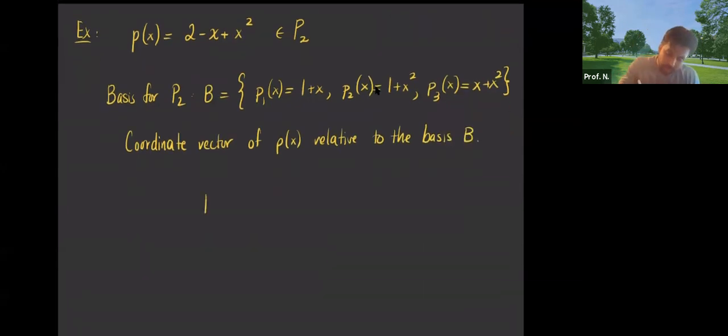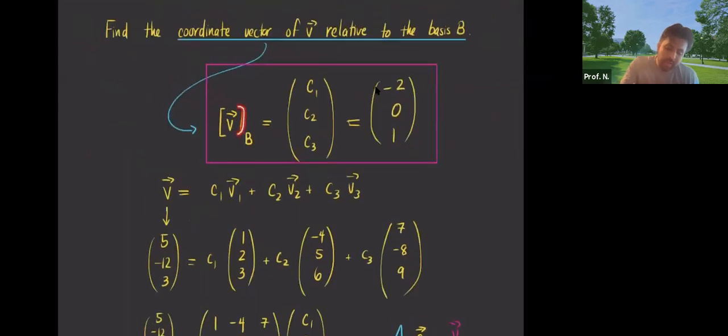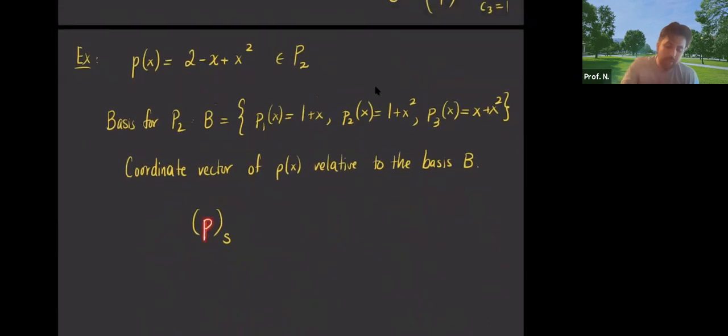So I can write this with parentheses or with square brackets, it doesn't really affect it. I'm just saying I want to find what P is relative to my basis B. That's what I'm trying to find.